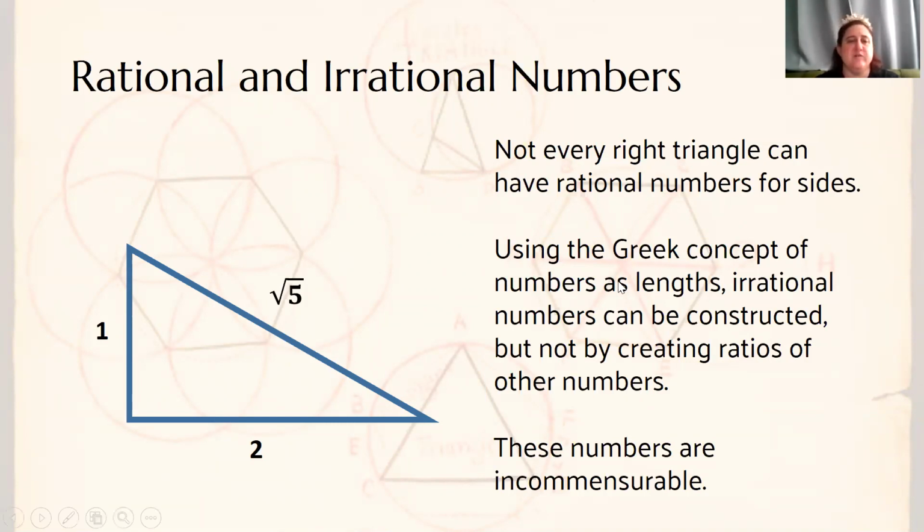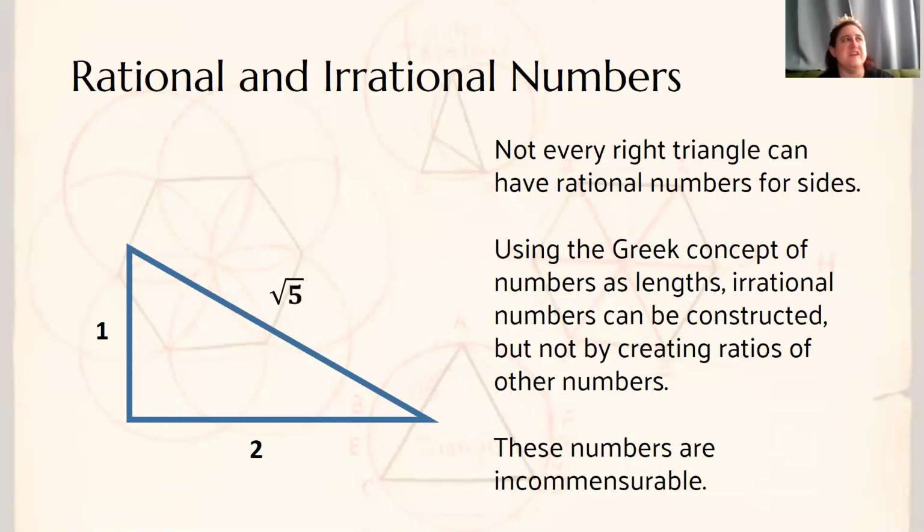For example, this is actually a very common triangle that pops up in the construction of the regular pentagon. So this is a triangle that's side 1 and side 2. But then what's the length of this third side? Well, we know it to be the square root of 5. We can apply the Pythagorean theorem because we have the theoretical geometry necessary to find what that number is.